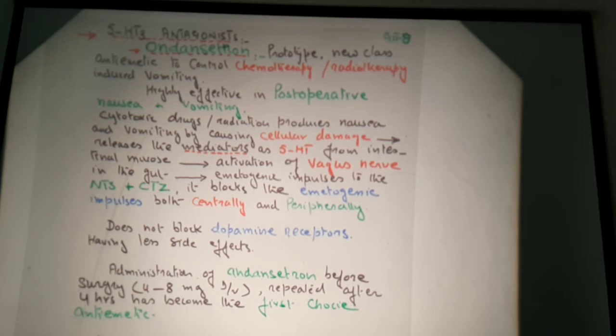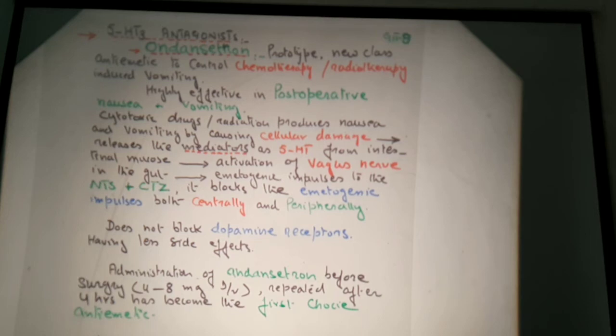Cytotoxic drugs and radiation produce nausea and vomiting by causing cellular damage. This causes the release of mediators such as 5-hydroxytryptamine from the intestinal mucosa, activation of the vagus nerve in the gut, and emetogenic impulses to the NTS and CTZ.